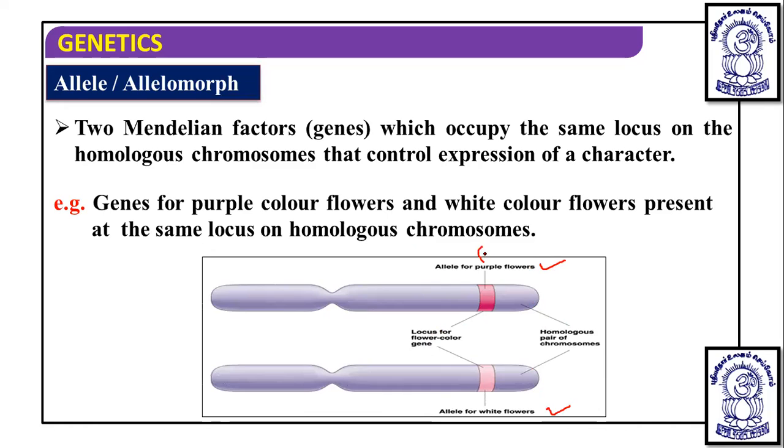If we represent purple by capital P and white by small p, then capital P and small p are alleles of each other. These two alleles code for the flower color, and they are alleles of the gene which codes for flower color.